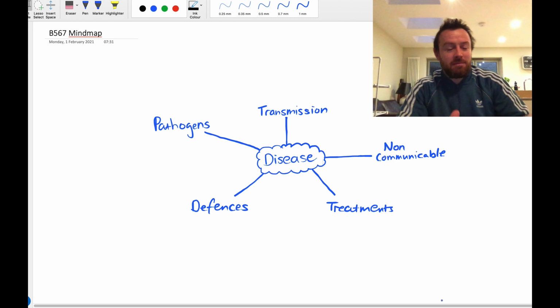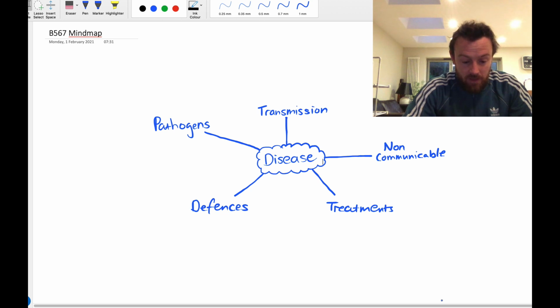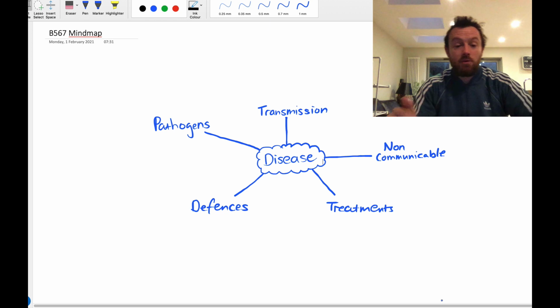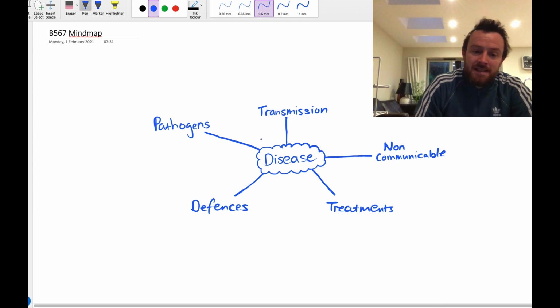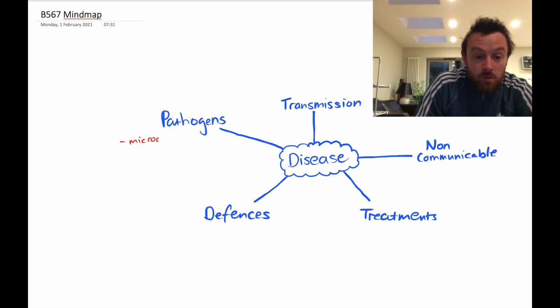So I'm going to try and keep this mind map to 15 minutes and try and get everything in as quick as I can. So let's get going. Right, timer on. So, disease. Disease is mainly caused by pathogens, and these are microorganisms that cause disease.